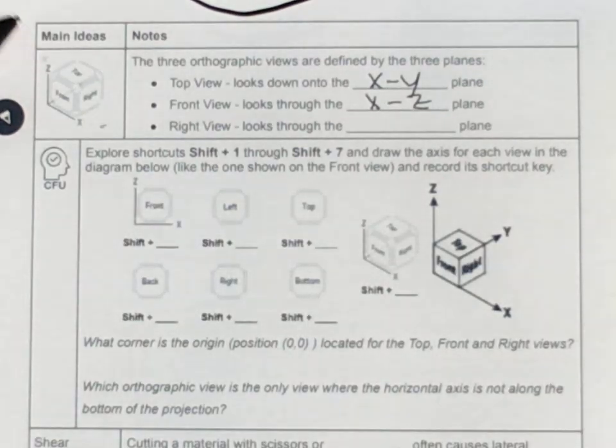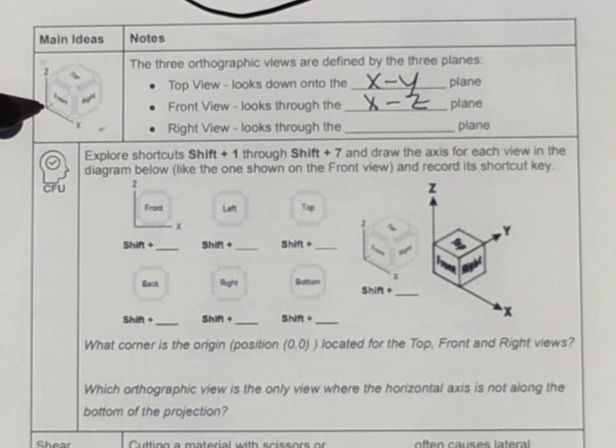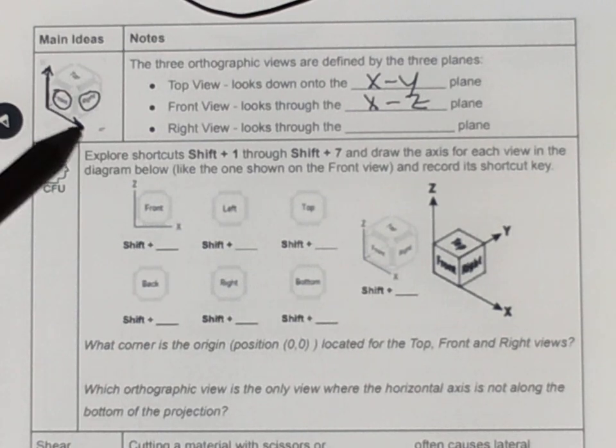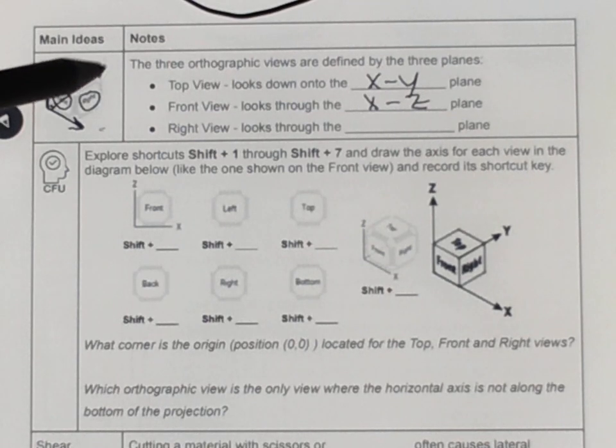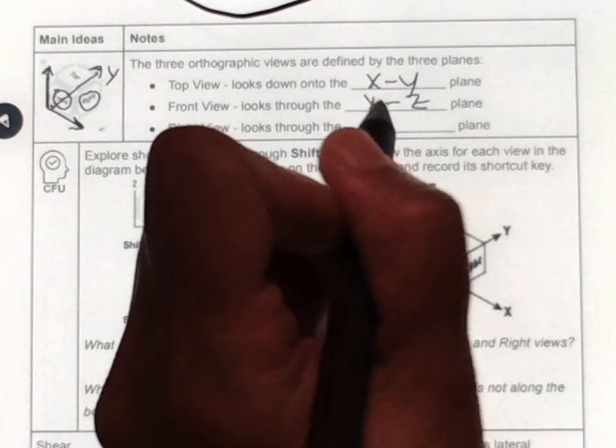And I can also look by looking at this picture over here. My front is right here, and so this is X and that is Z along my front. And then the last one is my right view. So my right view is orthogonal to the X plane, so it's actually going to have the Y plane and the Z plane.